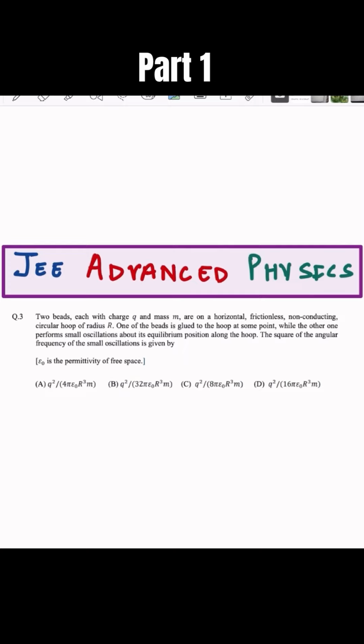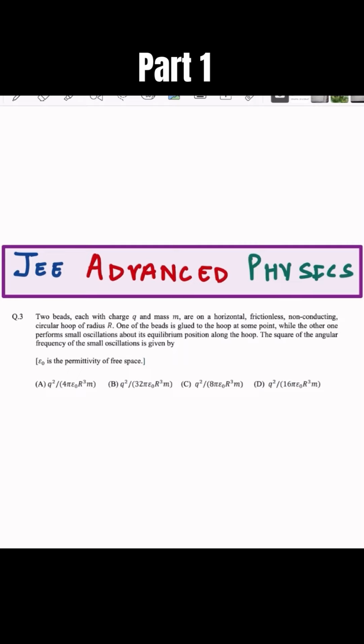The Coulomb force is going to be outward, because it is repulsive, but that is not what helps with the oscillations. The restoring force is going to be tangential to this Coulomb force.